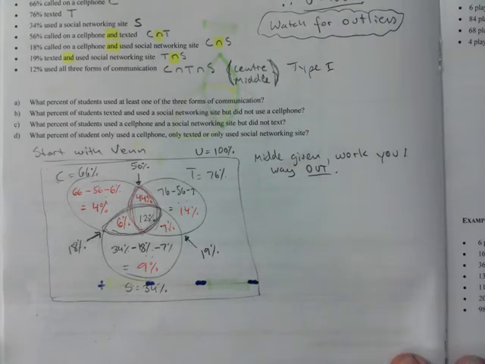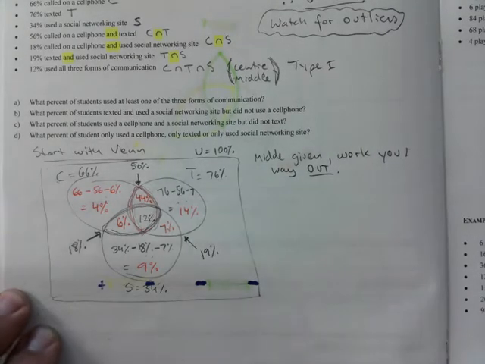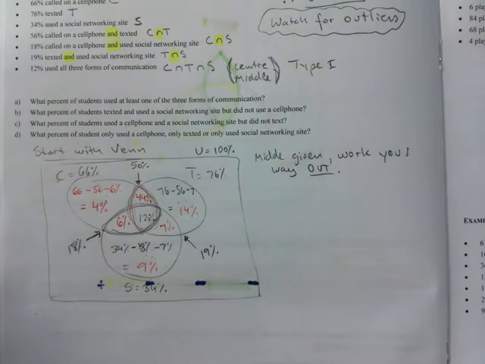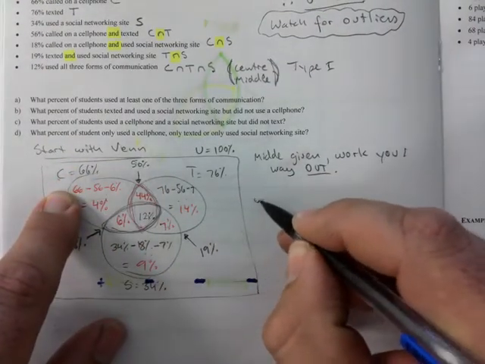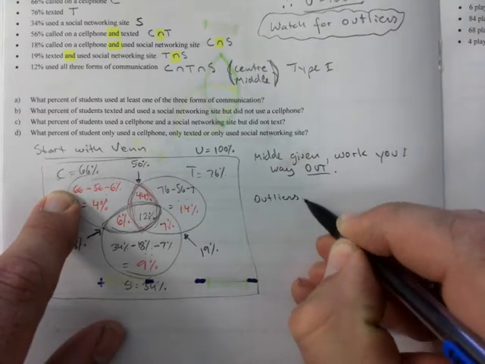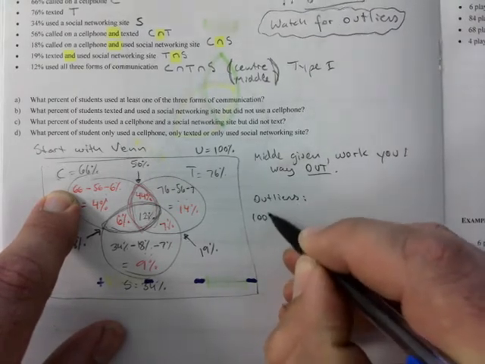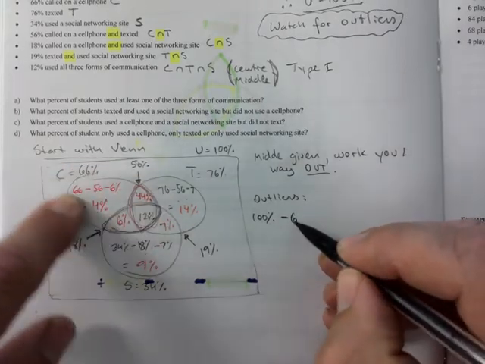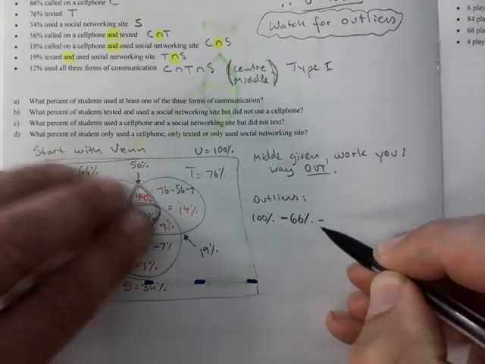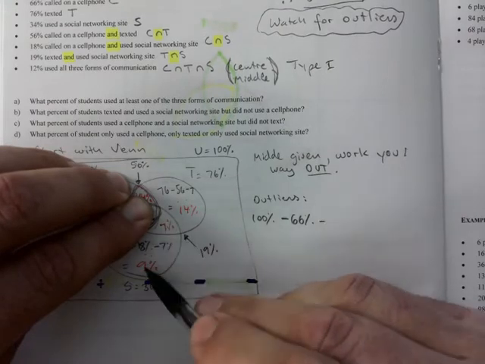Are you done the Venn diagram? What's missing? The outliers. Yes. So you should check. Watch. I'm going to do this. Follow me, okay? 66%, so 100. So outliers, it's going to be 100% minus, I'm going to take the 66, this whole thing here, minus 14, 7, and 9.